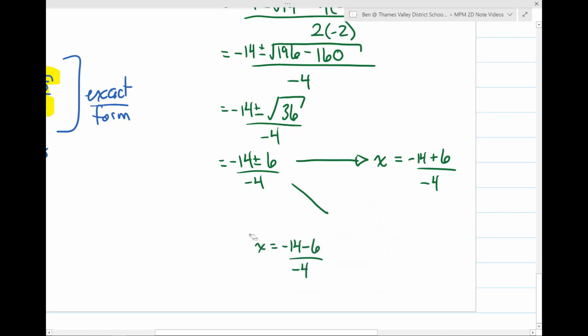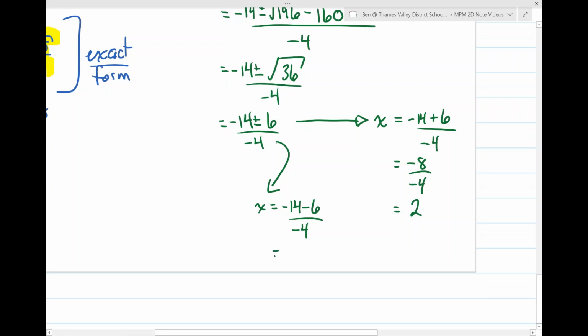Fantastic. Negative 14 plus 6, that's negative 8 divided by negative 4, which gives us negative 2. Whoops, positive 2. And the other one, negative 14 minus 6, that's negative 20 divided by negative 4. That equals positive 5. So our two solutions here, x equals 2 and positive 5.